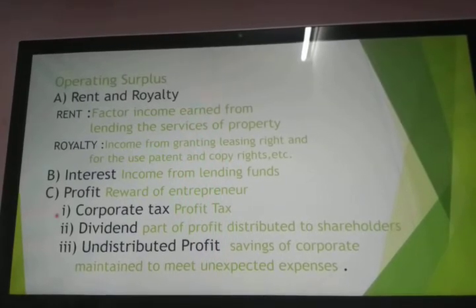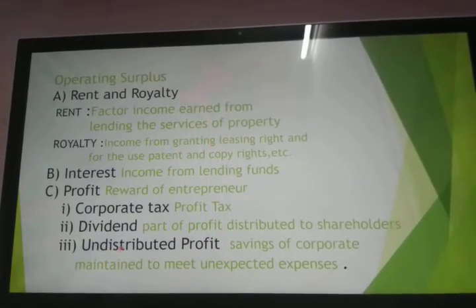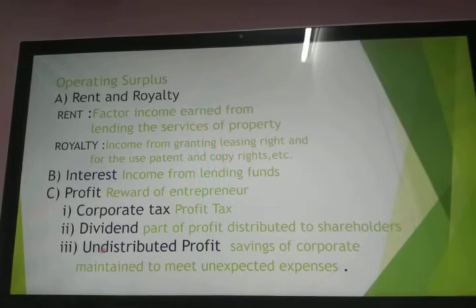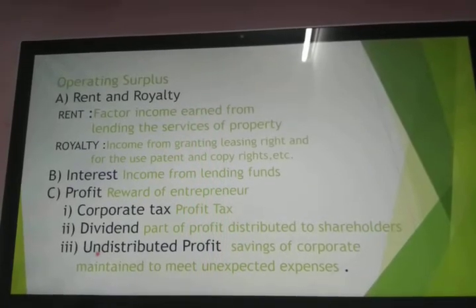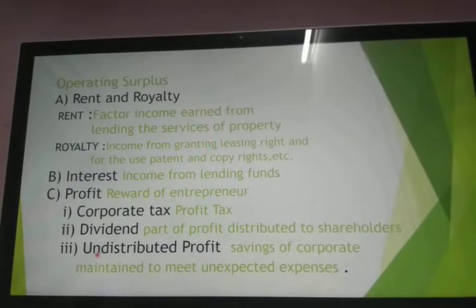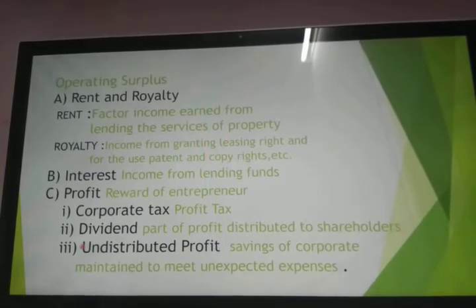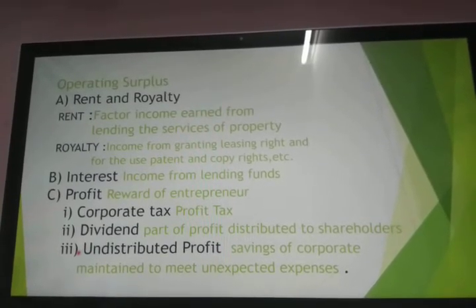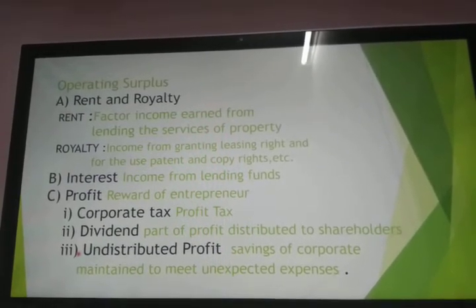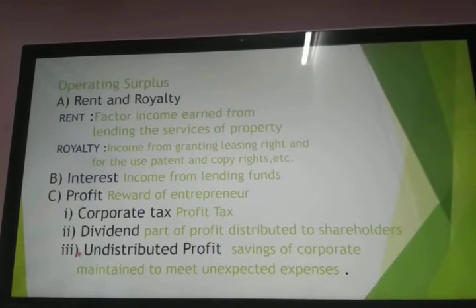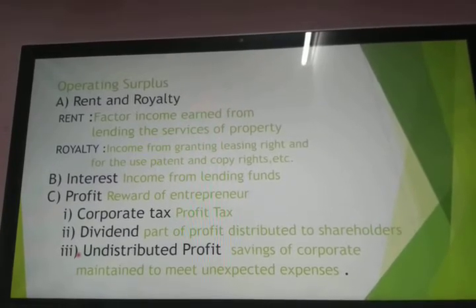It is also known as corporate profit, or savings of the private corporate sector, or retained earnings. It is also known as a reserve fund, to be maintained by the various producing units to meet unexpected expenses.